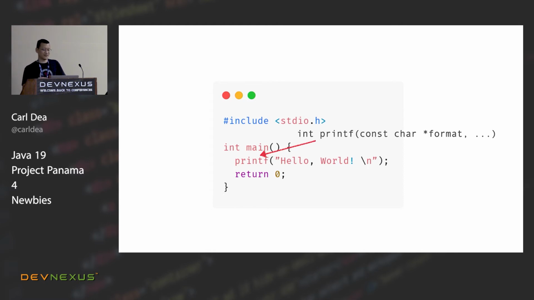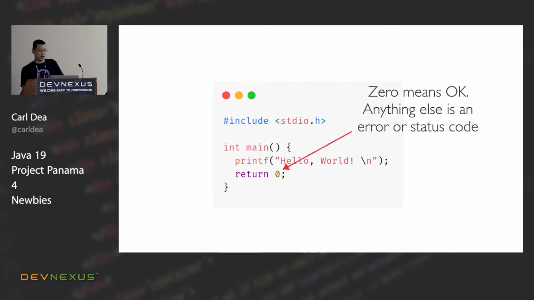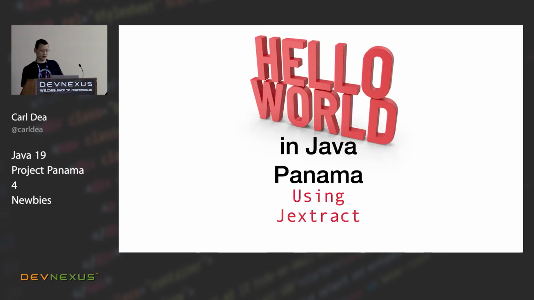It's very different in that a string is actually a character array, and everything is a pointer, so the first element is a pointer to that array. In main, you typically return a 0, which means that everything's cool. If you return anything else, it's either an error or a status code.